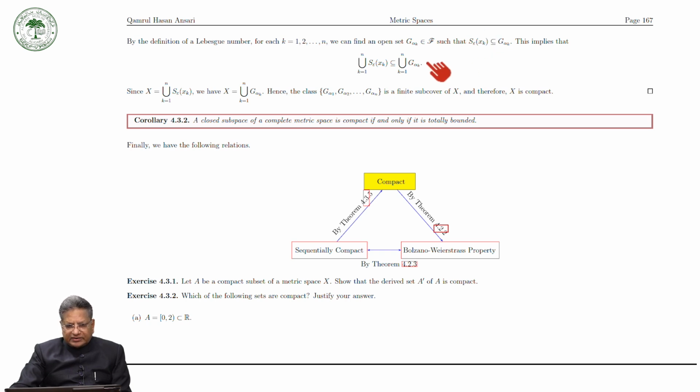This implies that the union of the balls S_epsilon(xk) lies inside the union of the open sets G_alpha_k, k running from 1 to n.